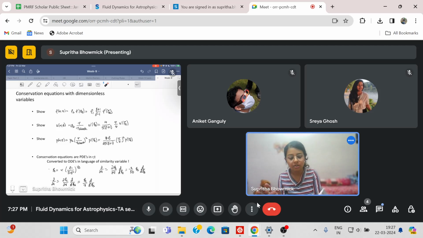This is the profile of the pressure, density, and velocity in the shocked fluid. How does it vary as you move away from the shock front towards the origin of, let's say, the blast? That will be required in answering one of the questions in the assignment problem. So we'll look at the plot of the solution of these equations.